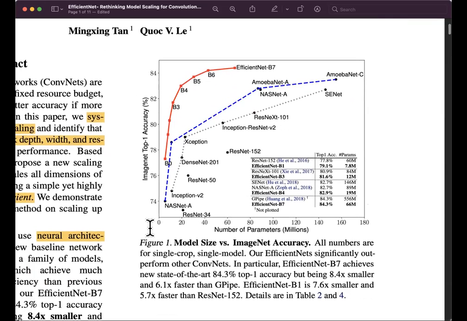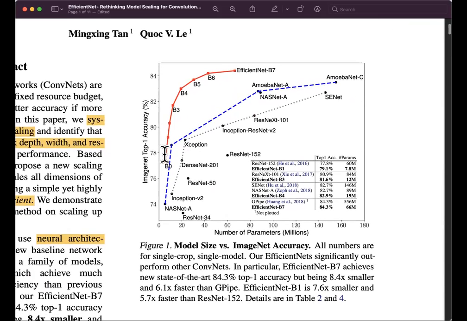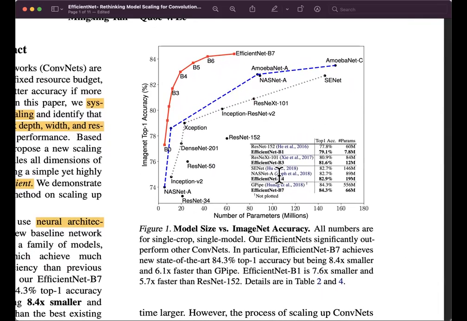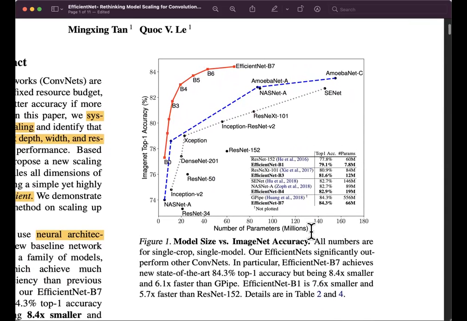Here, the x-axis denotes the number of parameters, while the y-axis denotes ImageNet top-1 accuracy. So here we have model size and ImageNet accuracy.